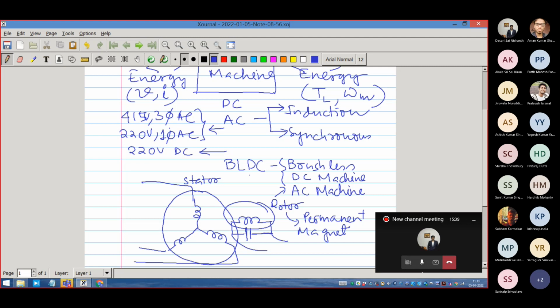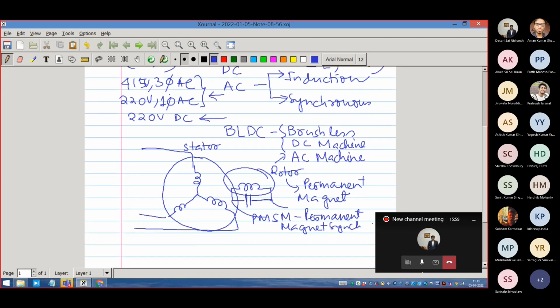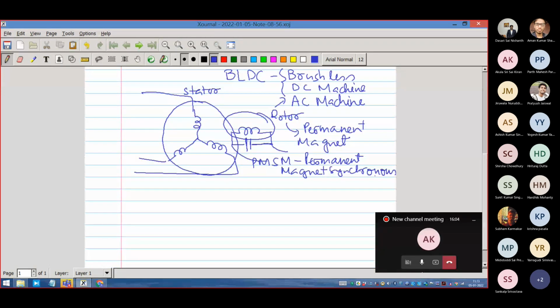So we call it BLDC, brushless DC machine, and PMSM machines, permanent magnet synchronous machine, right? So these two are more famous electronic machines.